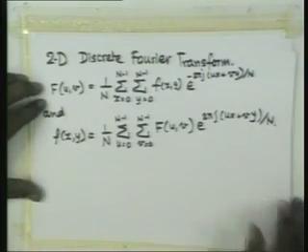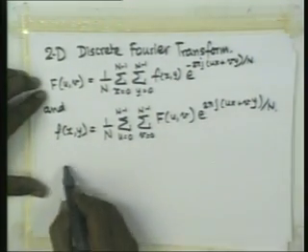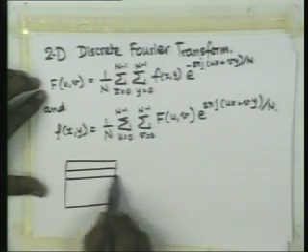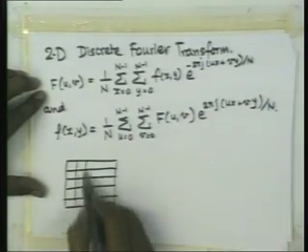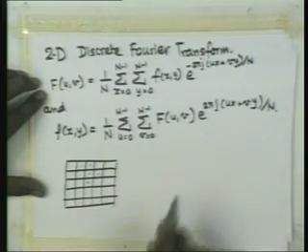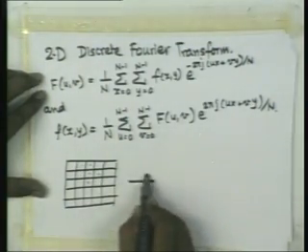Okay. So here we are talking about now a two dimensional image of intensities. So we have some values of intensities at each of these cells, and this transform will take me.